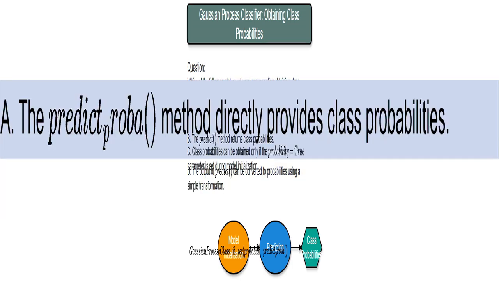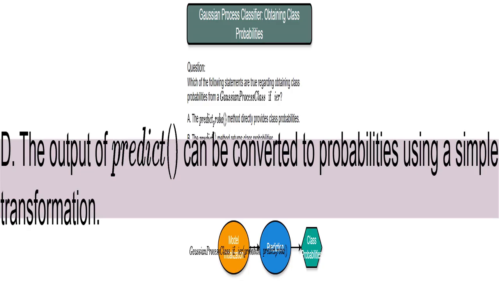This statement focuses on a specific method. The predict_proba method is how you actually get the probabilities. But, remember, it only works correctly if you set probability equals true earlier, as explained in statement C. It's the button on the coffee machine that dispenses the coffee. I'm checking here for a shortcut.